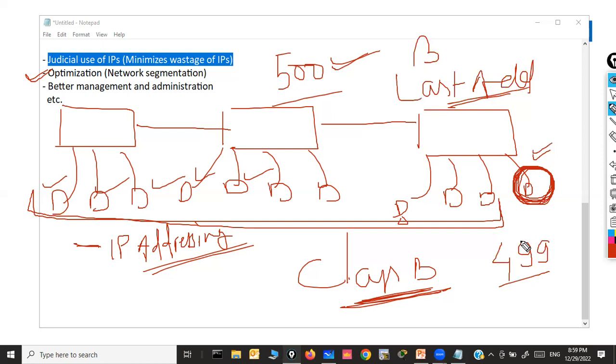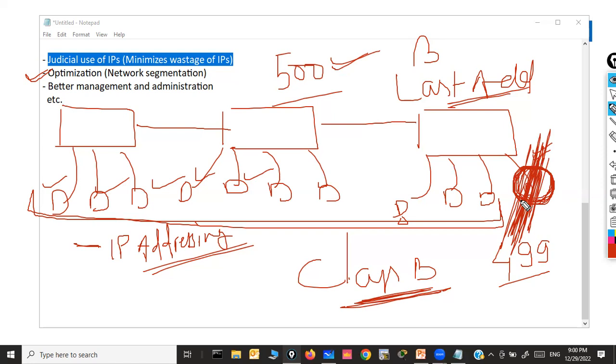The problem here is, even in case one of the computers got compromised, maybe infected with a virus or something, since all 500 computers are in the same network, there is no network segmentation. So there is a very good chance that the rest of the 499 computers might get infected.